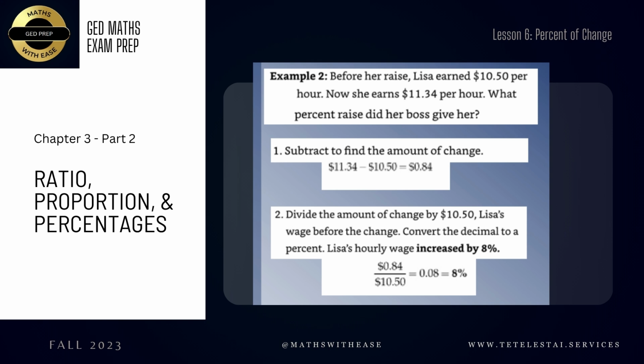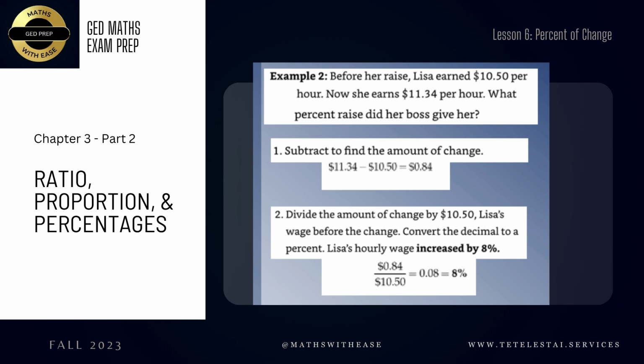And then you would divide the amount of change by her original amount that she was earning before the change. And so you would simply divide 0.84 by $10.50. And you would find that your answer is 0.08.